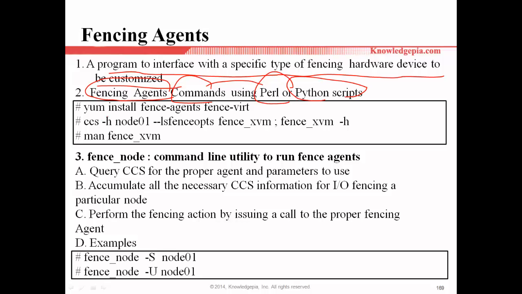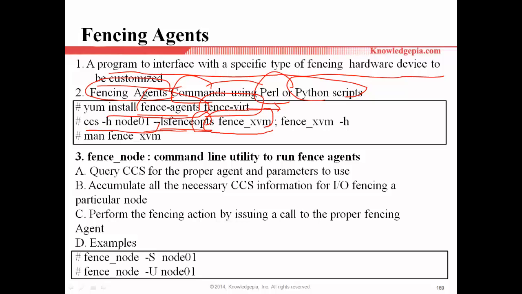For example, if you want to use the fencing agent on this system, you need to install a package, fence-agents or fence-virt. The fence-virt package can be used especially for virtual machines. For example, if we use the ccs node1 host name and the ls fence options, this command will show all kinds of fencing agents we can use.